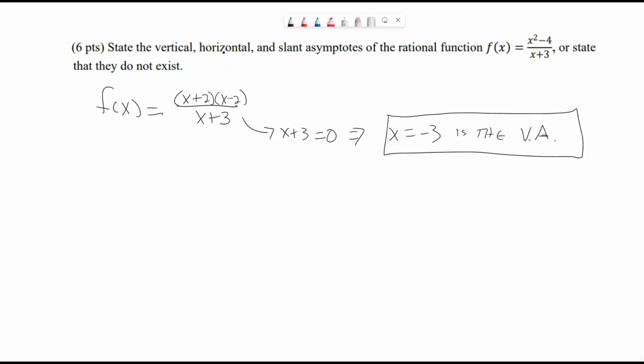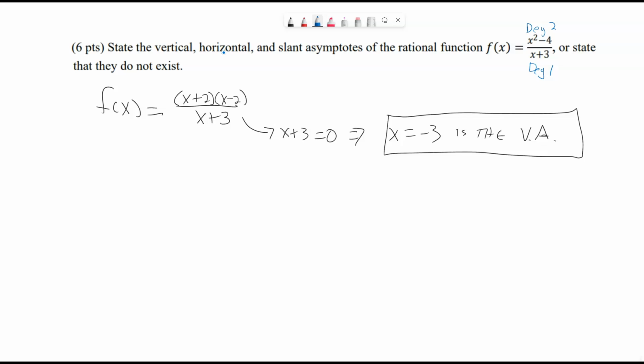Horizontal asymptote. The difference between the horizontal and the slant asymptote cases is dependent upon the degrees of the polynomials. So in this case, the top is degree 2 from the x squared, and the bottom is degree 1 from the x.